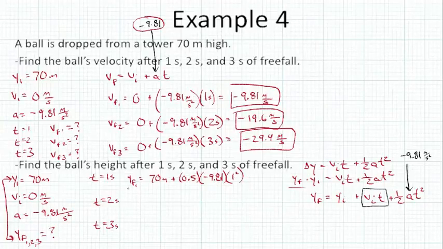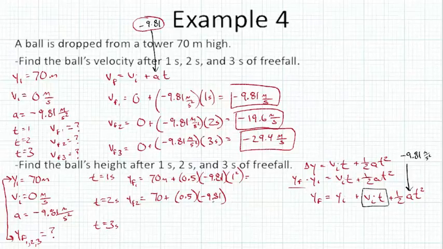Let's write all of our equations out, and then we'll just solve them all at once. So our YF2 equals 70 meters. Apparently I'm leaving the units out, which I shouldn't do, but I'll just keep the units out for now. 70 plus the middle part is 0, so that drops out. Plus 0.5 times negative 9.81.